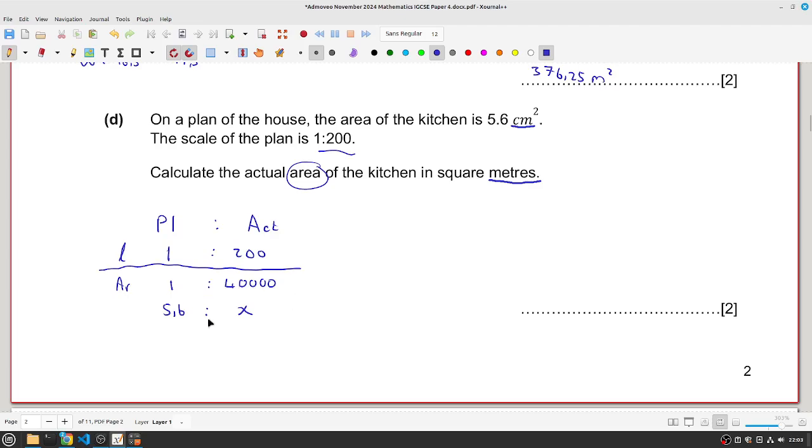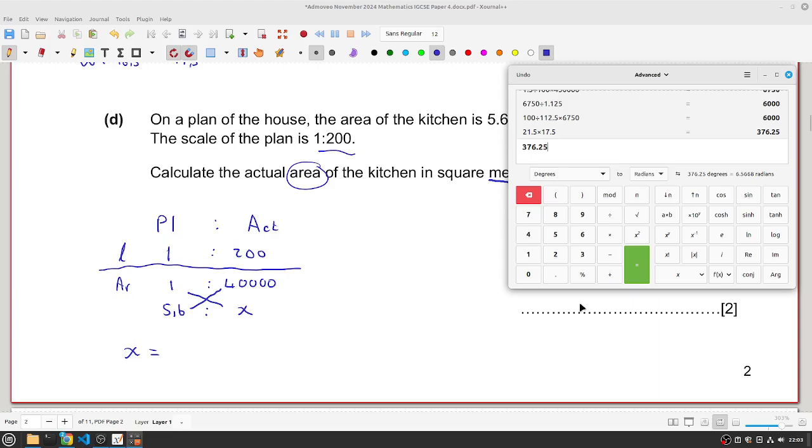So now we can just cross multiply to solve for x here. Okay, so cross multiplying, so we multiply those two together, 1 times x equals, and then we multiply those two together. I should probably be able to do this without a calculator, but I'm a little bit lazy now. So 40,000 times 5.6 will give us 224,000.